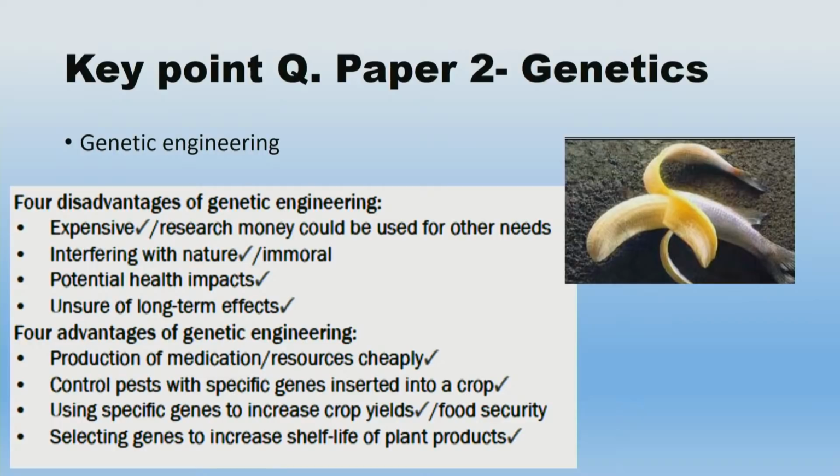But in evolution, we will also look at that. But just remember that genetic engineering is the same as artificial selection, where humans decide which genes they choose to benefit human needs.